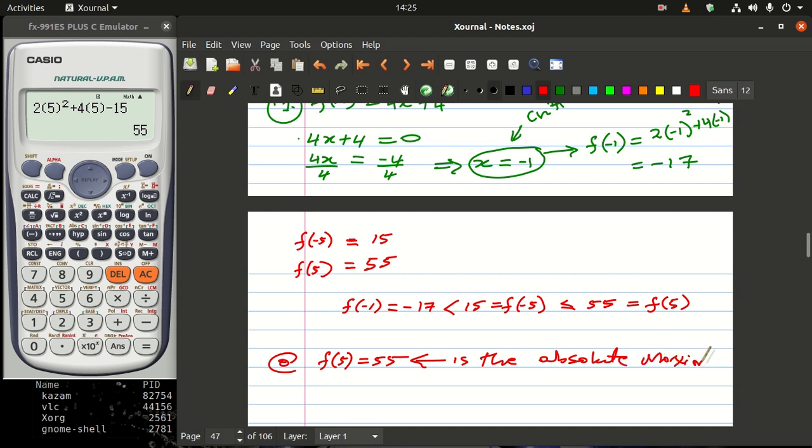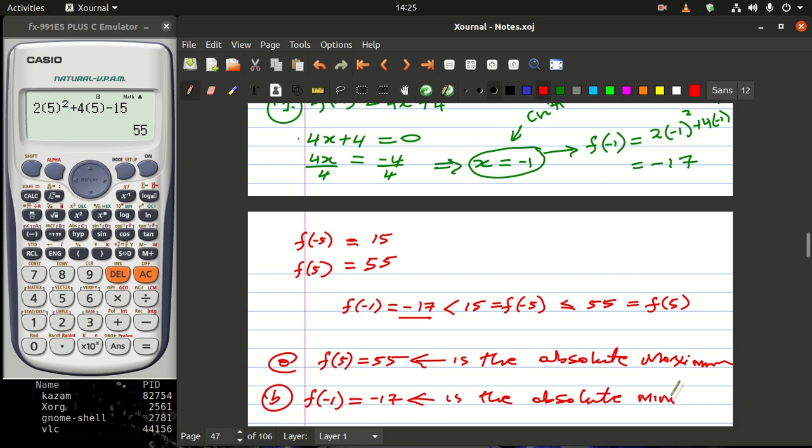And if you look at B now, this one is the smallest. So f of minus 1, which is equal to minus 17, is the absolute minimum. That is what is important when it comes to this.